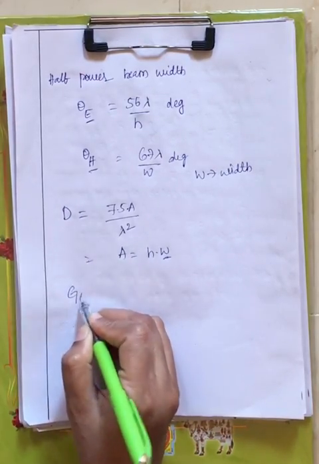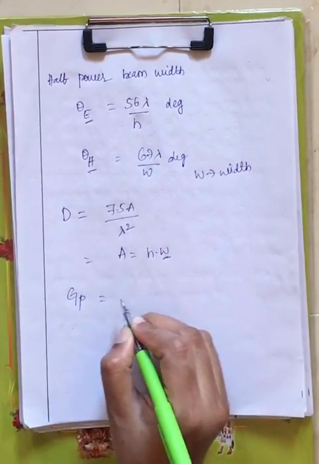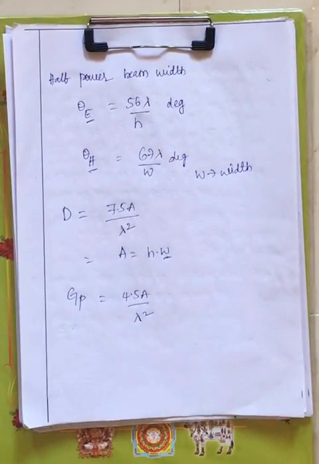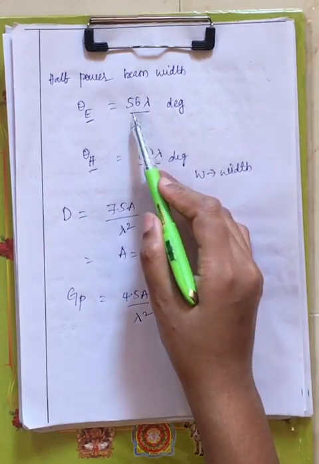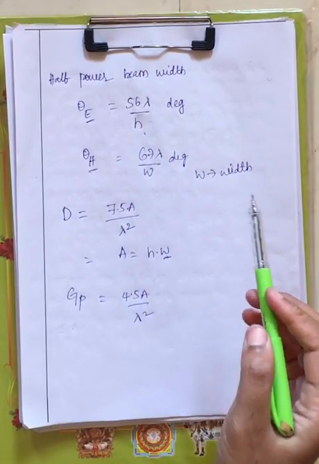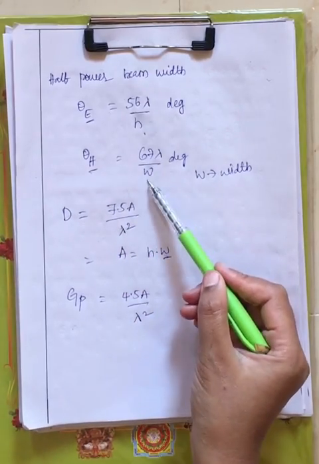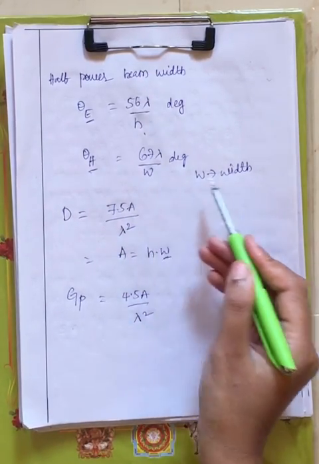And the power gain is denoted by GP. That is given as 4.5 A by lambda square. These formulas you have to remember in order to design the horn antenna. Half power beam width for the E direction is given by 56 lambda by H. Half power beam width for the H direction is given by 67 lambda by W, where W is the width.